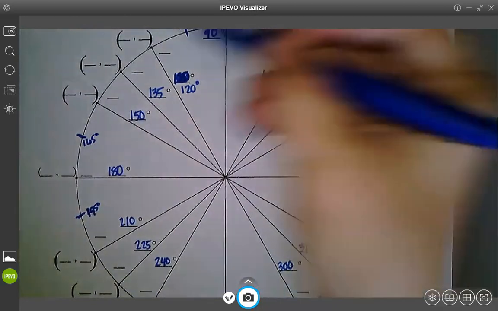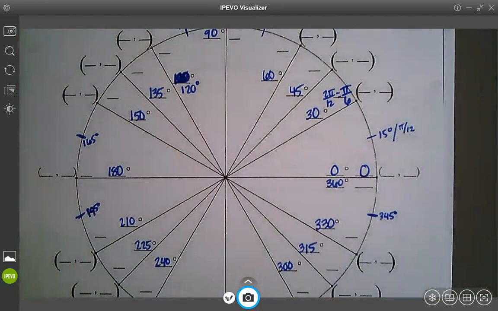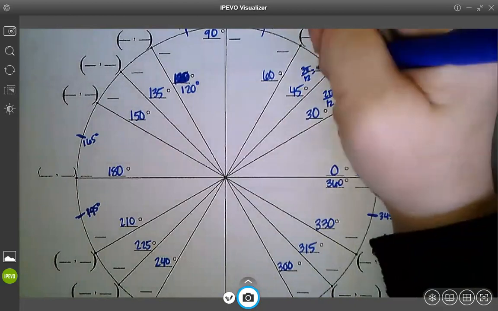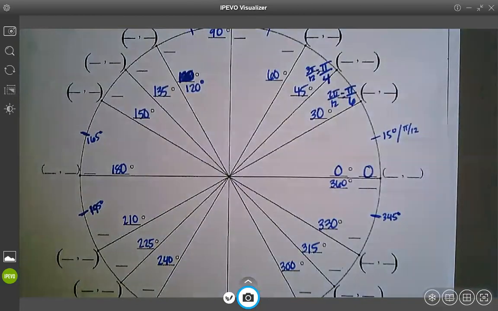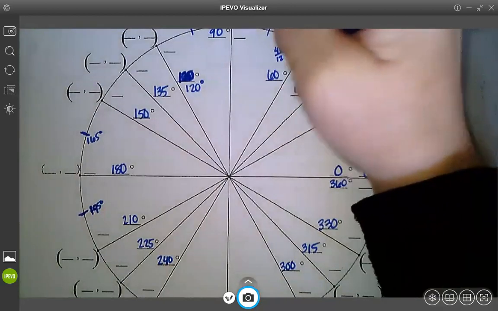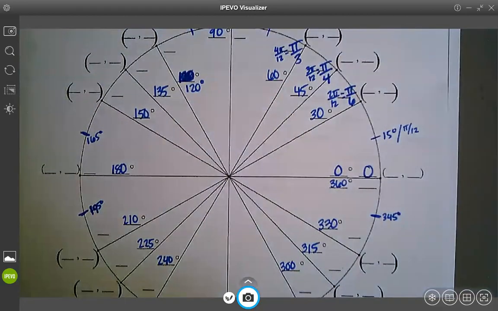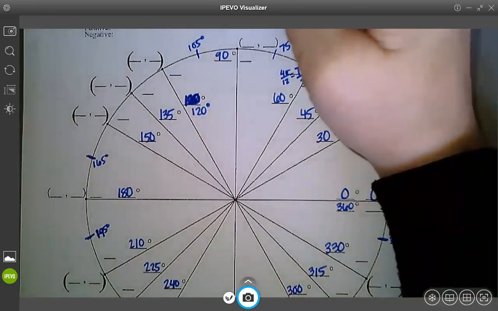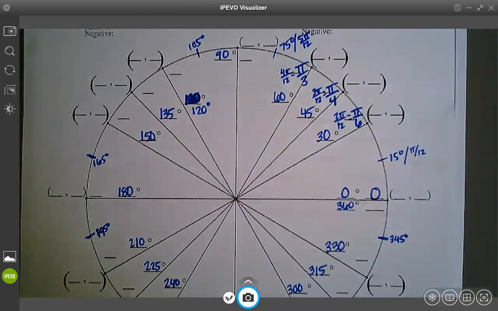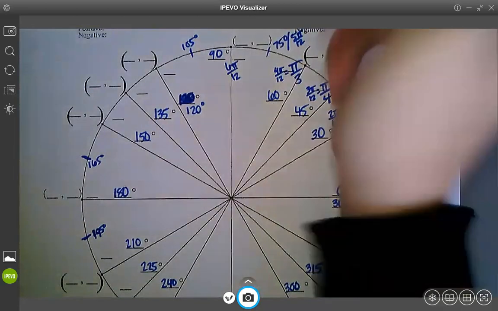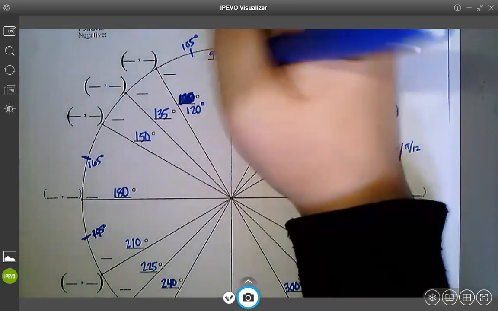So if you go up by pi over 12, you can just simplify the fraction each time and get the radians without having to convert everything. 3 pi over 12 gives you pi over 4. 4 pi over 12 gives you pi over 3. This one would be 5 pi over 12, which doesn't simplify. And then we would have 6 pi over 12, which simplifies to pi over 2.